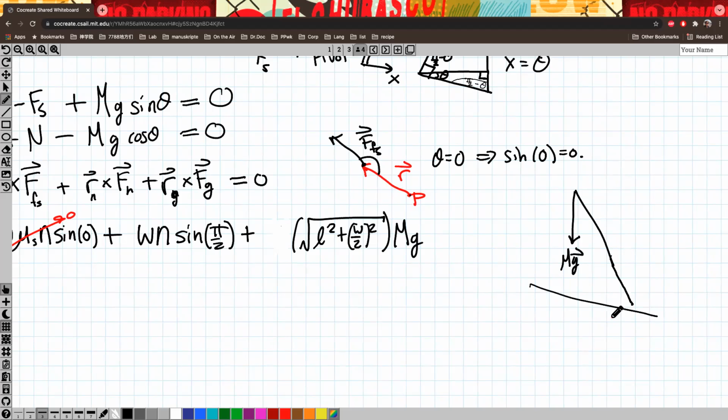Okay. So we have here that angle theta, and then we have this thing perpendicular to it. And so the fridge is perpendicular.